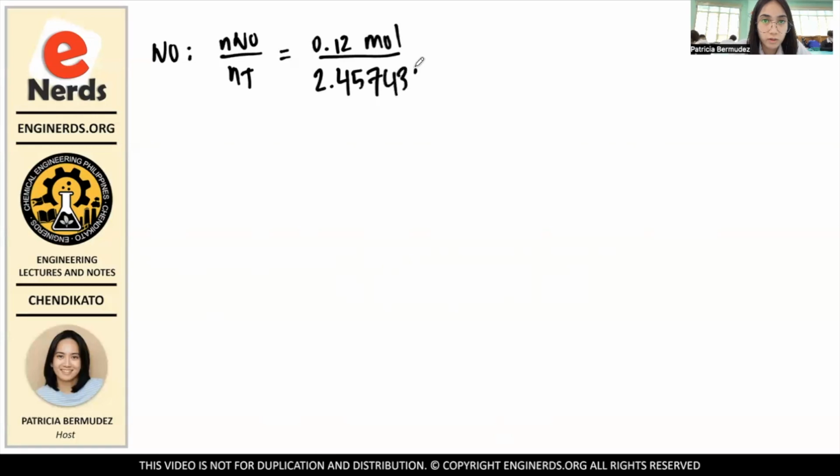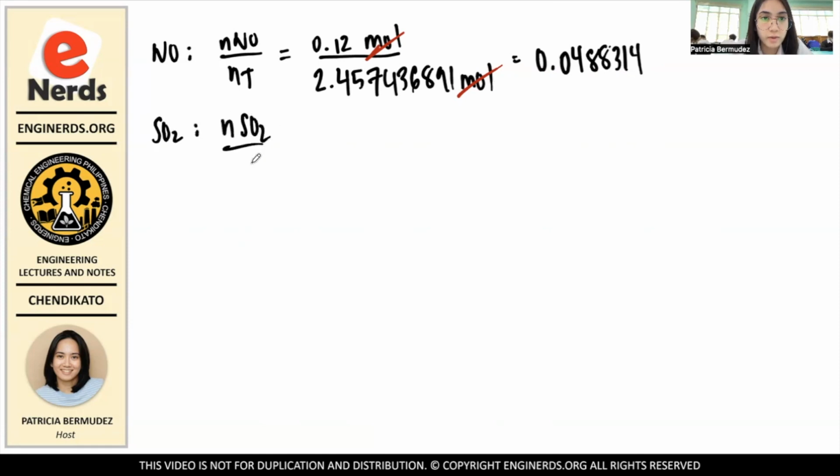And from here, the moles cancel again, and our mole fraction is unitless. The answer here is 0.0488314.